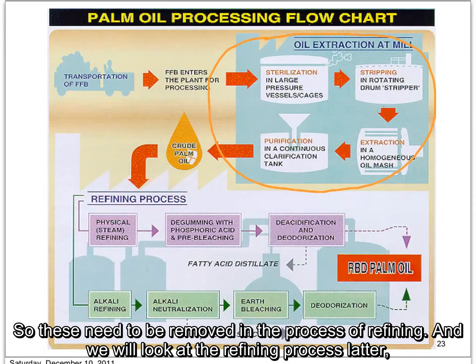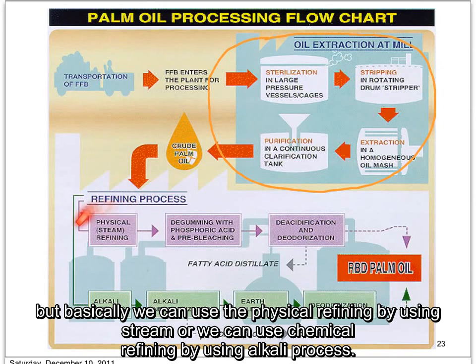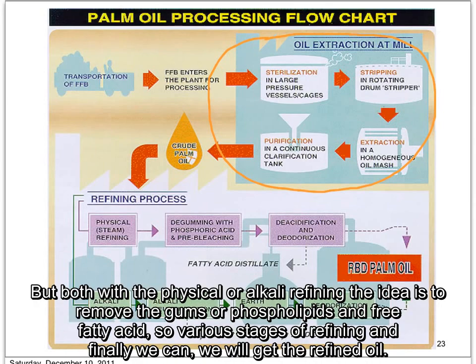And we will look at the refining process later, but basically we can use physical refining by using steam, or we can use chemical refining by using an alkaline process. But both, whether physical or alkaline refining, the idea is to remove the gums or phospholipids, free fatty acid, so various stages of refining.